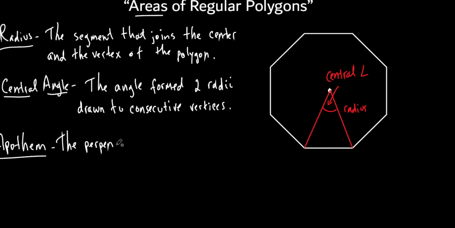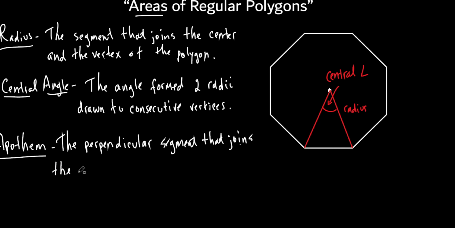But you have kind of done something. We didn't call it the apothem, but it is something that we've kind of talked about before. You know what perpendicular is, right? So it's the perpendicular segment that joins the center.